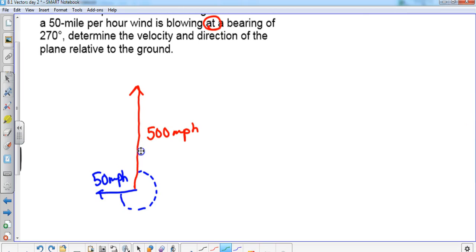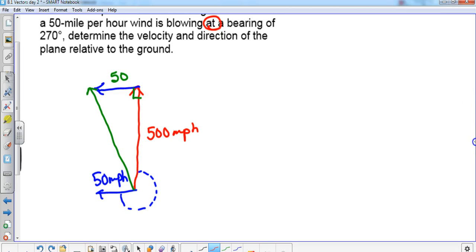Do you want to do law of cosines? If we slid that one up there and drew this resultant in, this is a 90-degree angle and this is 50. You could actually just do the Pythagorean theorem because it's making a 90, right?